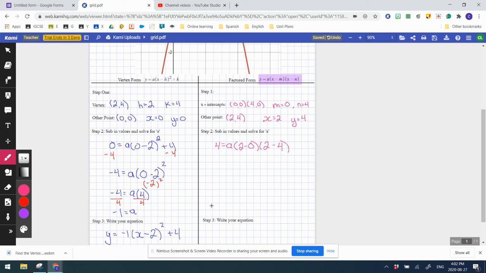So then I'm going to simplify inside the brackets. So we're going to have 4 equals a times 2 times, 2 minus 4 gives me negative 2.